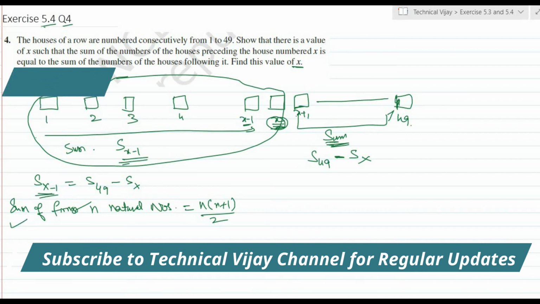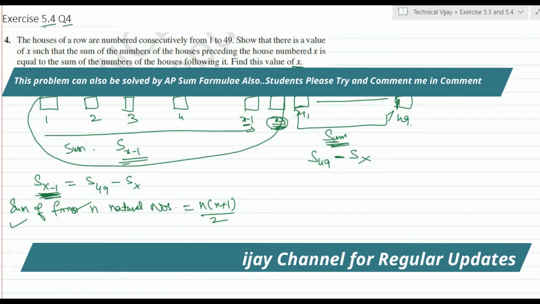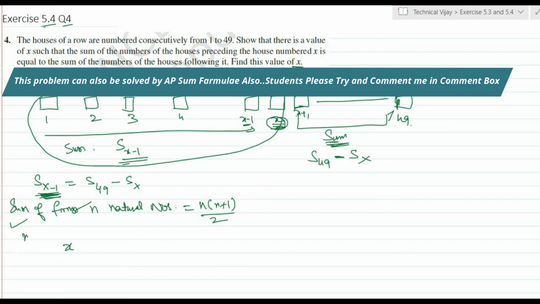S of x minus 1 has x minus 1 terms, so here n is equal to x minus 1. So the sum is x minus 1 into x minus 1 plus 1 divided by 2.